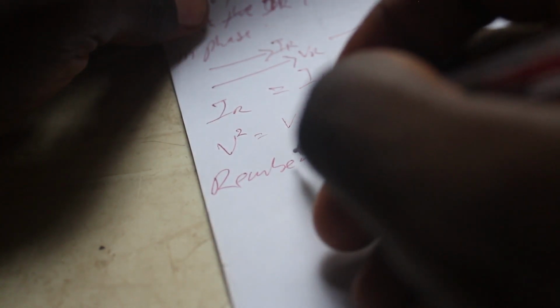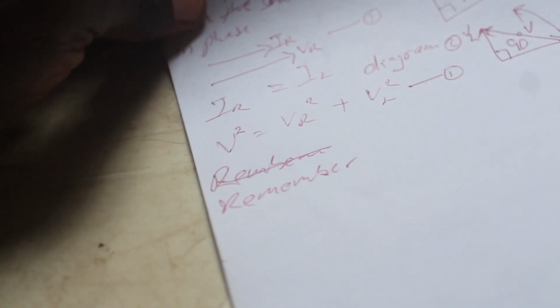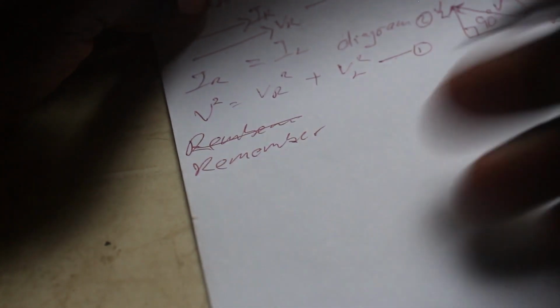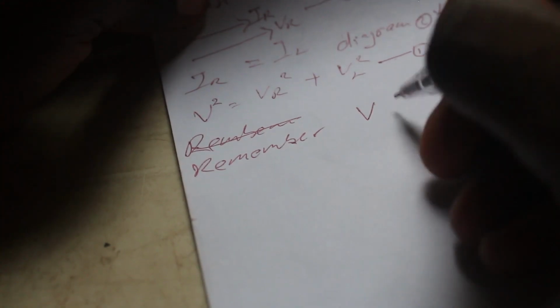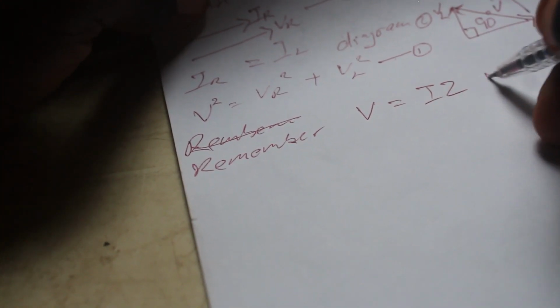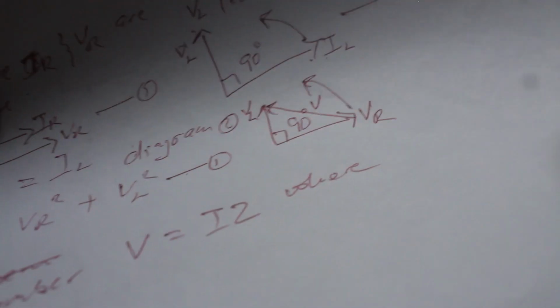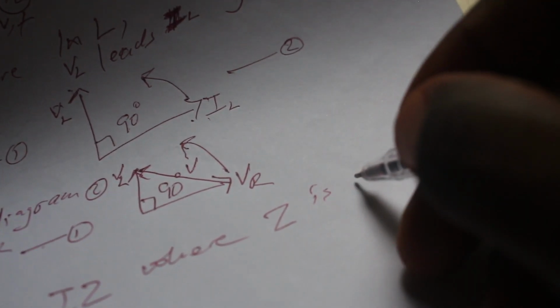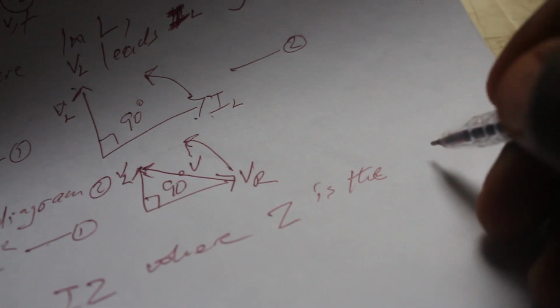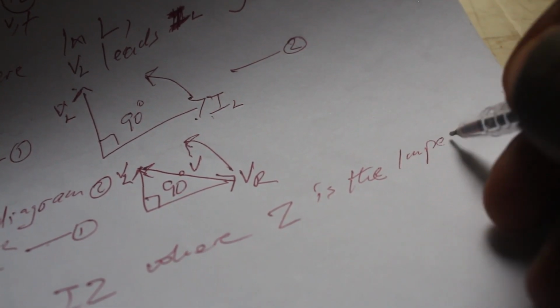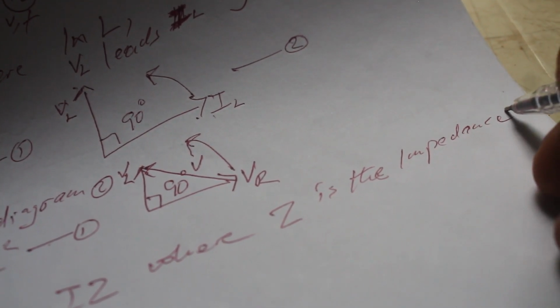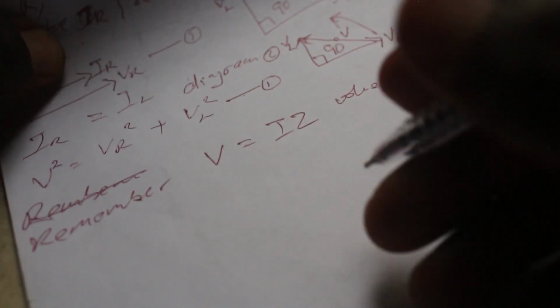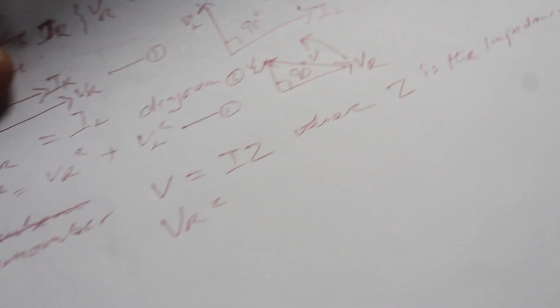Now remember that V is equal to IZ, of course, where Z is the impedance in the circuit. And you know that VR is the voltage across the resistor.